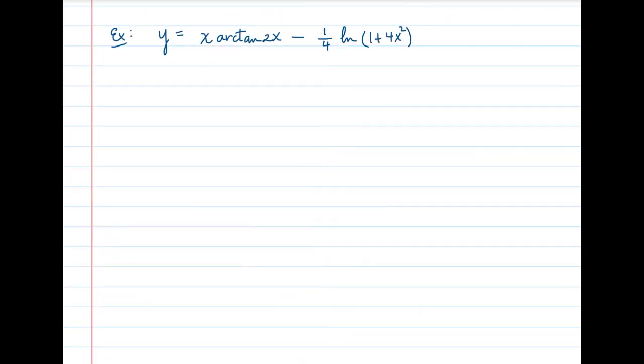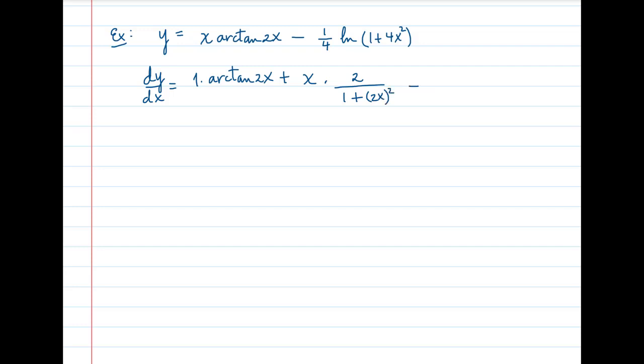Okay, so here we have another example. y equals x times arctangent of 2x minus 1/4 natural log of 1 plus 4x squared. We're going to find the derivative, and notice how we're using several rules from before together with our new rules, the derivatives of the inverse trig functions. So on the first term, we're going to use product rule, right? x is multiplying arctangent of 2x.